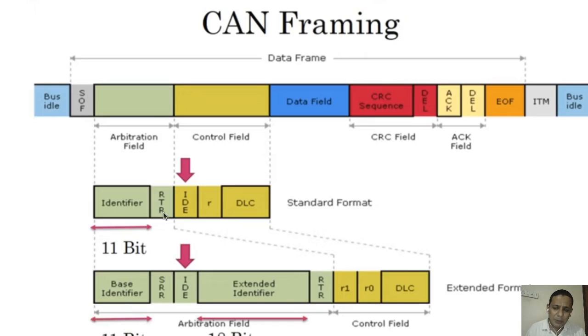Here, in the place of RTR, SRR will come, and RTR will be there, but it will come here. So that is the difference between the extended frame format and the standard frame format. So these are the CAN frame formats.